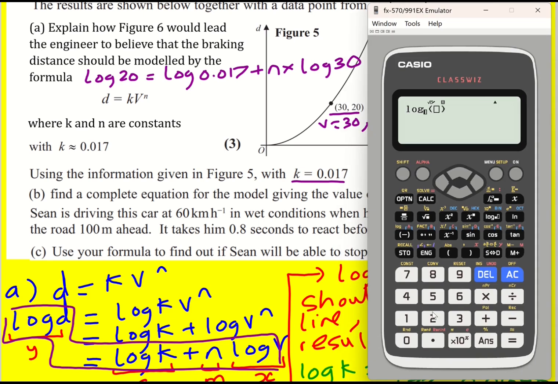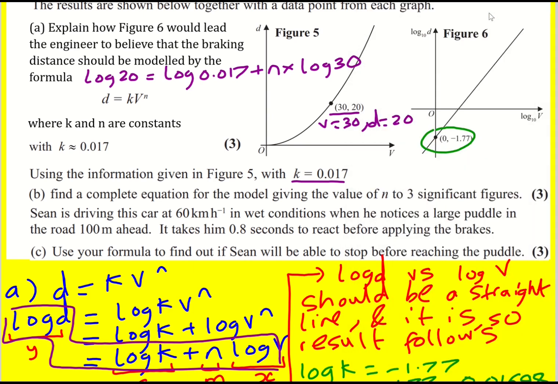So I can do log to base 10 of 20 minus log to base 10 of 0.017, and then divide that by log 30. This gives 2.0787.